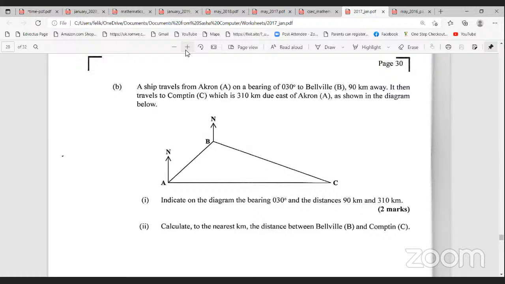So it travels from Akron to Belleville on a bearing of 30 degrees. I want you to show me where that angle is.